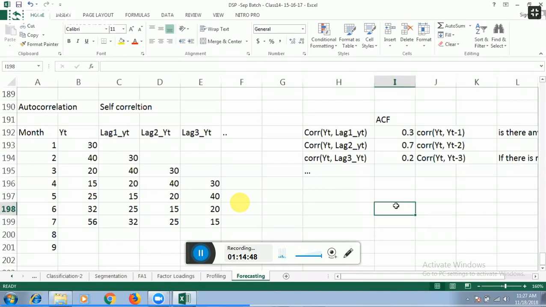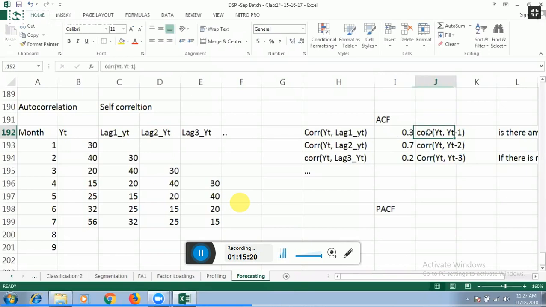Okay, cool. So this is the white noise. And now there is another term called PACF. Let's understand this term a little bit better. Suppose the correlation between YT and YT minus 1 is 0.3, YT and YT minus 2 is 0.7, and YT and YT minus 3 is some 0.2. If there is a relationship between YT and YT minus 1, that means there is also a relationship between YT minus 1 and YT minus 2.